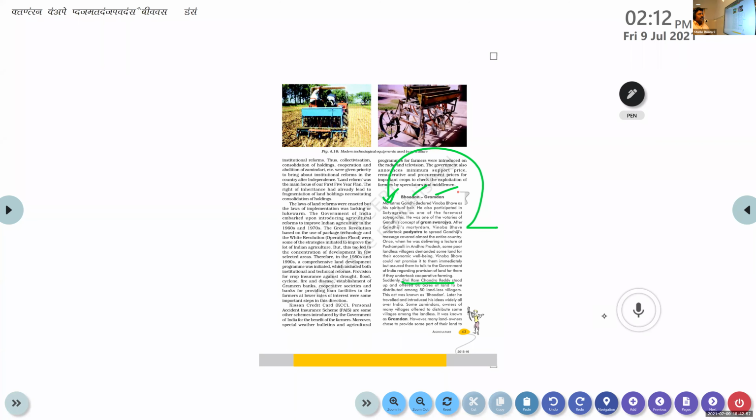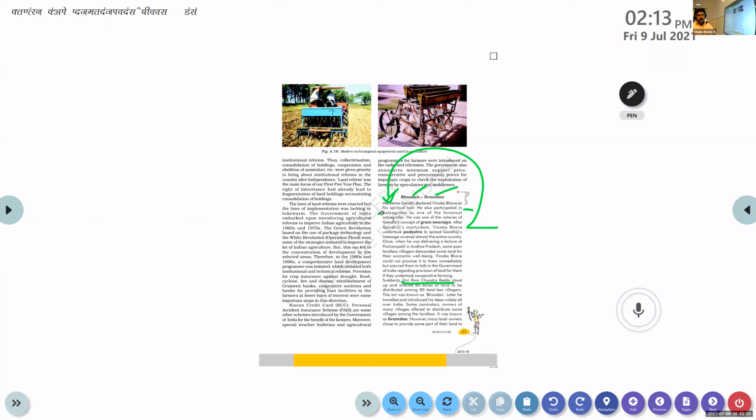In chapter 3 of history, we already learned the Satyagrahas organized by Mahatma Gandhi, and Vinoba Bhave is an important personality who participated in most of those Satyagrahas. Underline: he was one of the votaries of Gandhi's concept of Gram Swarajya.